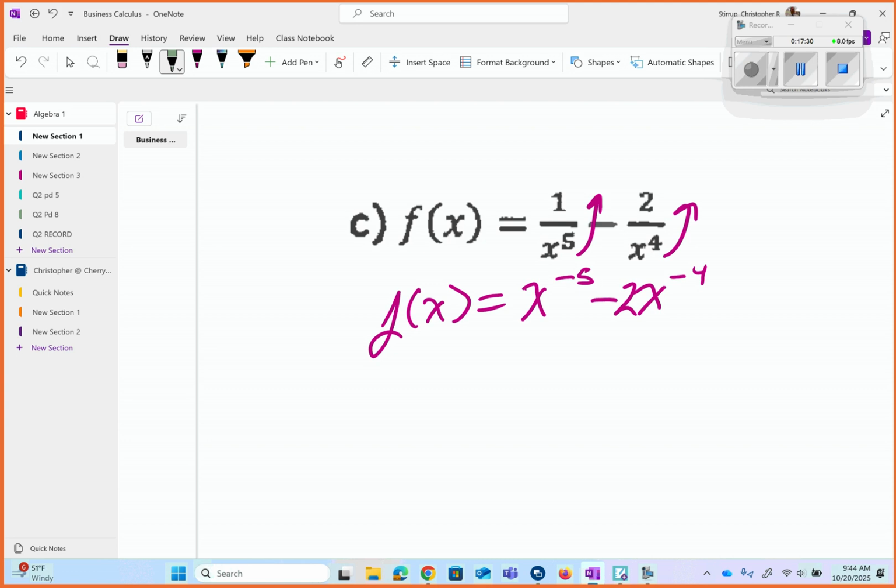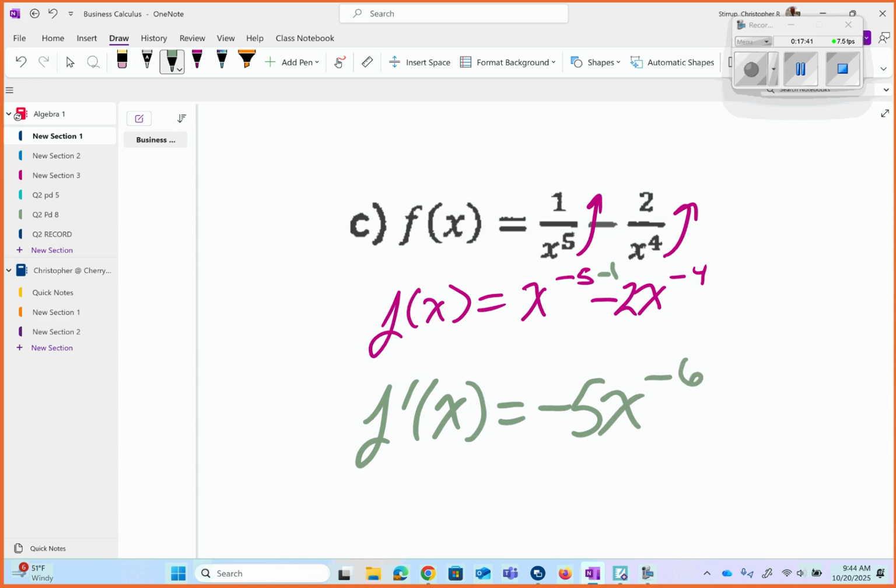Okay? So now if I wanted to find the derivative of this, I'm going to get negative 5x, and I'm going to subtract 1. So negative 5 minus 1 is negative 6. And then if I did the derivative of this, I'll bring this negative 4 down. So I'm going to get negative 2 times negative 4x. I'm going to subtract 1 to the negative 5.